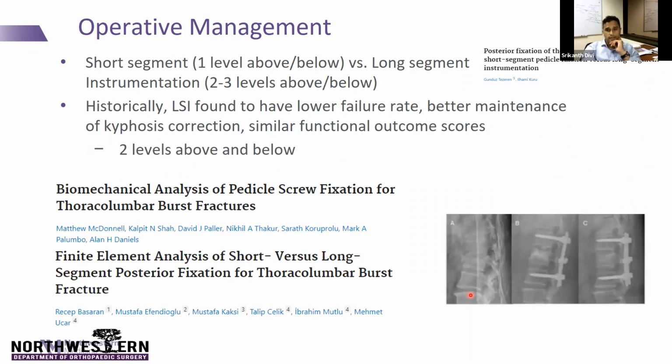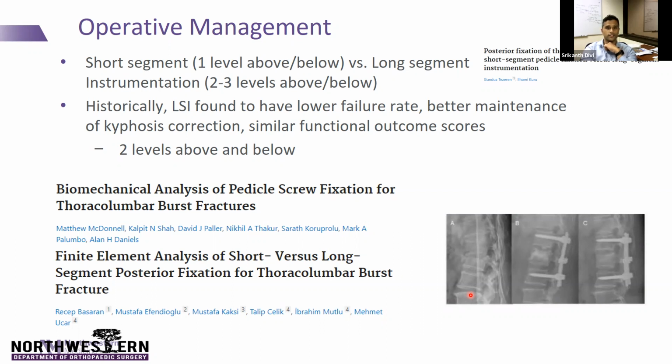There's some controversy on doing a short segment fusion. For example, if you have a comminuted burst fracture, how far do you need to go above and below? For a burst fracture, I think you can sometimes get away with one level above and below, depending on the fixation you get at those levels, and depending on the location.